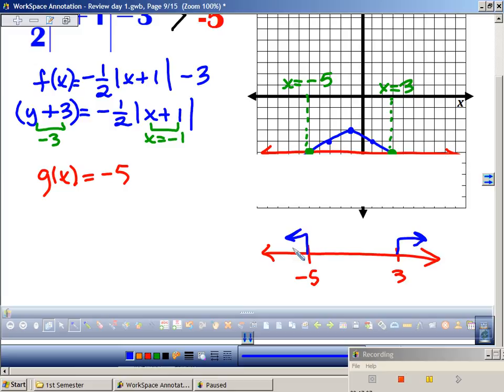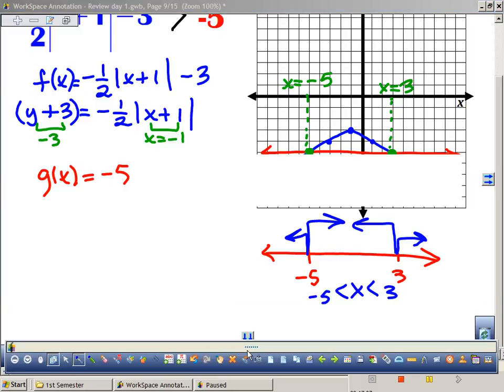Or is the graph going like this? Can you see clearly, guys, that the graph is going in? Is everything inside? So that means x is in between 3 and negative 5.